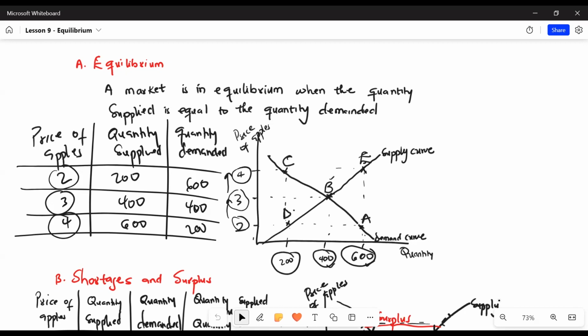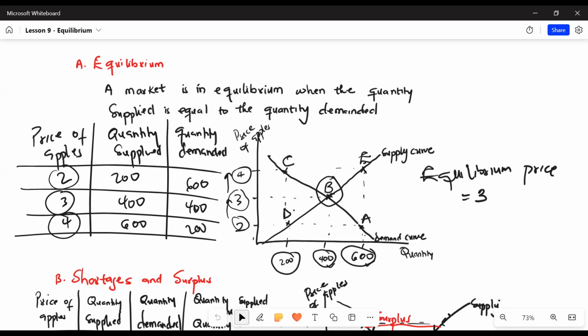Equilibrium occurs where the demand curve and the supply curve intersect, and in this example, that happens at point B. The price at which supply equals demand is the equilibrium price, and in this example, that is price 3. So our equilibrium price is equal to 3.